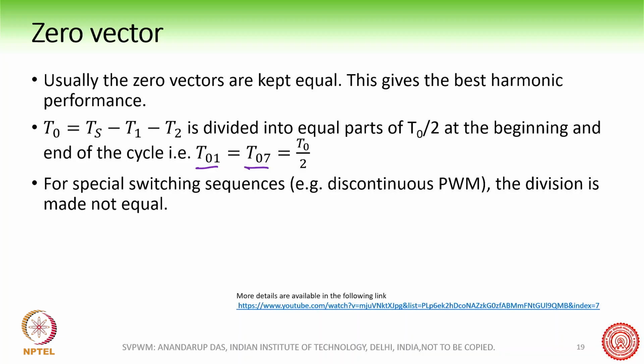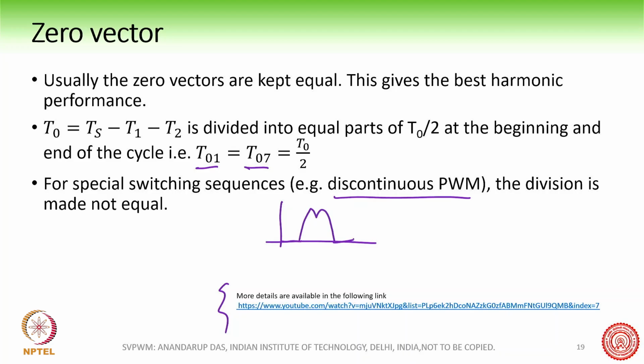But for other switching sequences, for example discontinuous PWM, the division is not equal. We are not going to talk about it much, and you can see some papers. Discontinuous PWM means the modulating waveform will come like this.